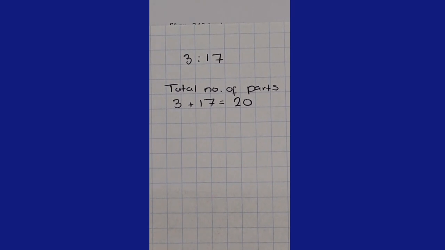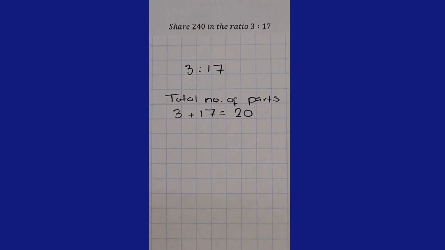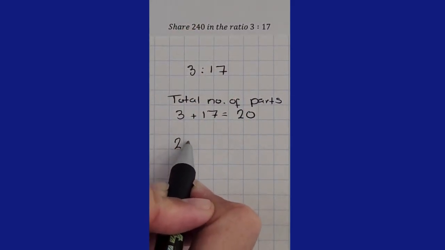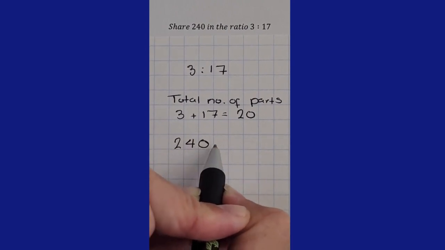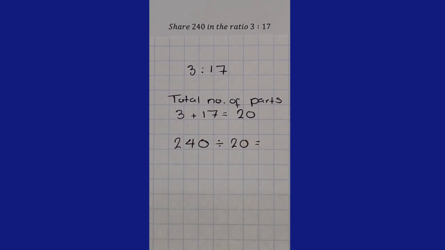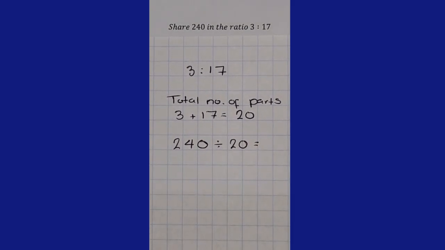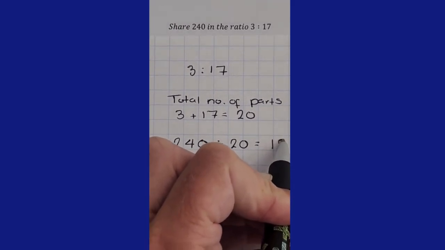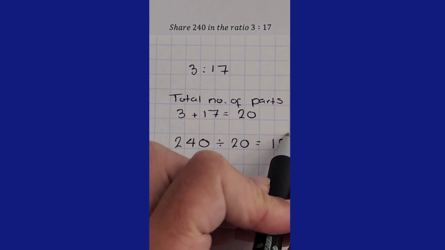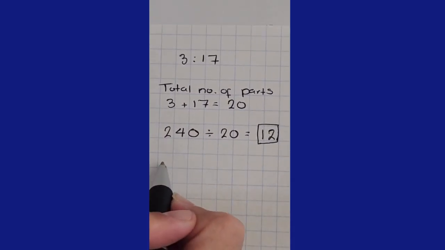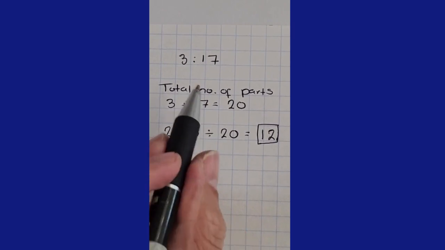Draw the first 3, draw the next 17, and then I would have to divide my amount by the number of boxes. So I would do 240 divided by 20. How many 20s are there in 240? Well, that would be 12. So I know that each part is worth 12.